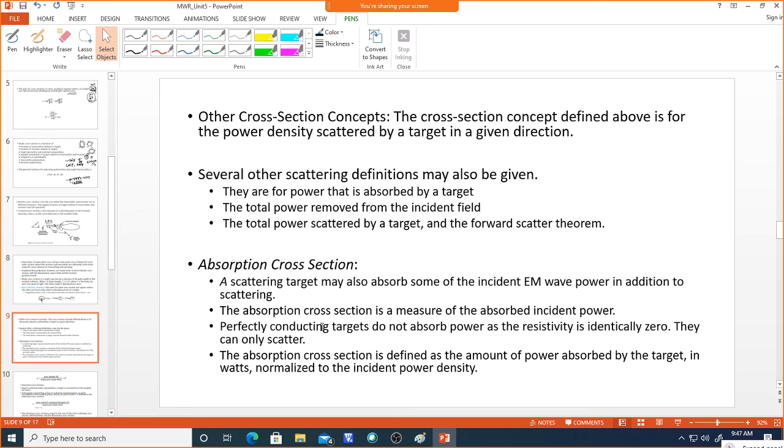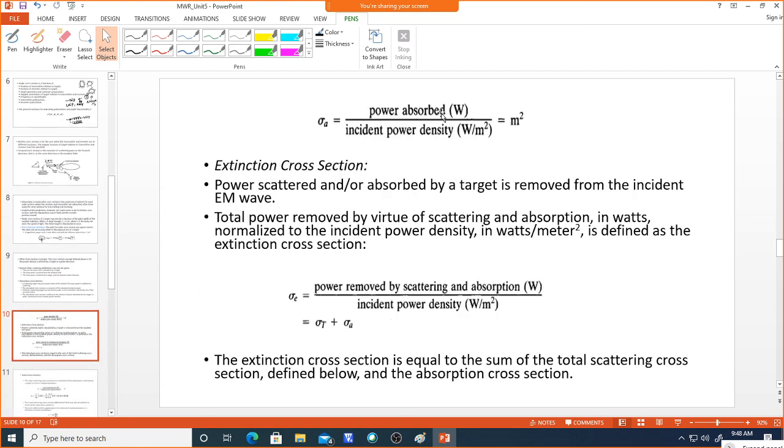Perfectly conducting targets do not absorb power as the resistivity is identically zero, so they can only scatter and completely reflect the energy, like copper or other metals. Absorption cross section is defined as the power absorbed by the target, in watts, normalized to its incident power density. This is the absorption cross section.